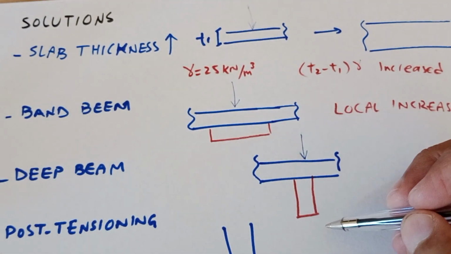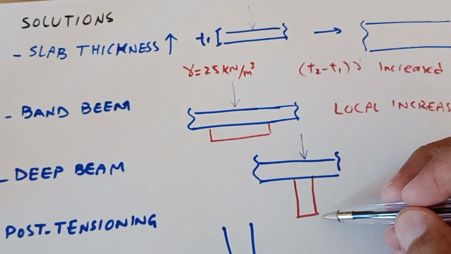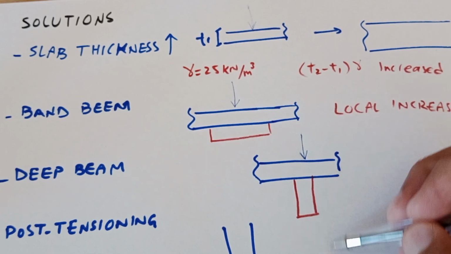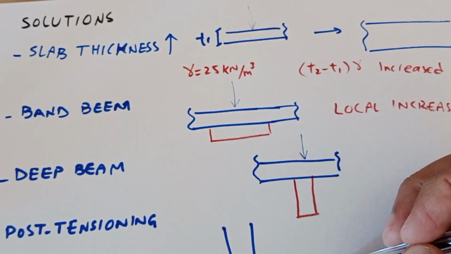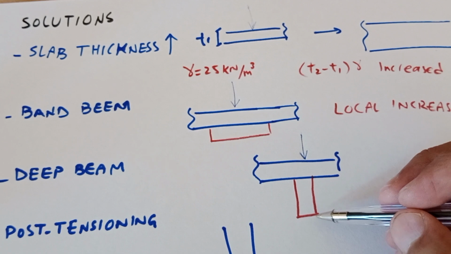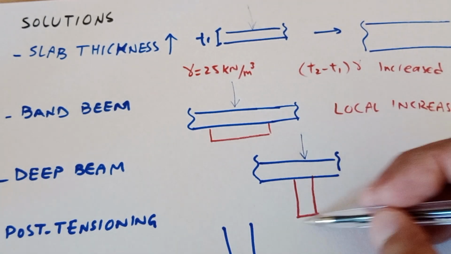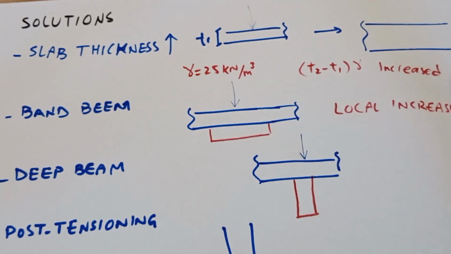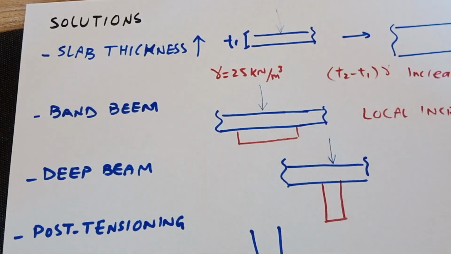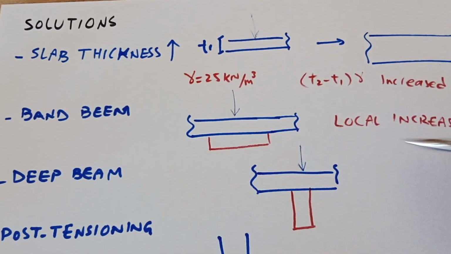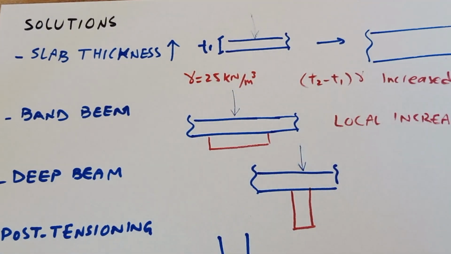If you don't want to reduce the clear height between the top and bottom floor, you may not be able to use this one. But if you don't have that limitation, this is the best solution, as it increases the deflection and stiffness capacity of this area very significantly.